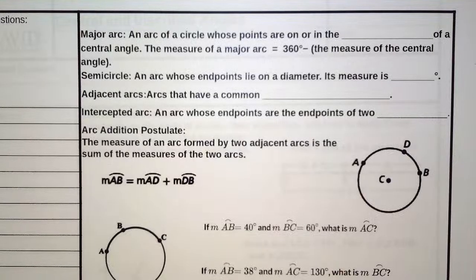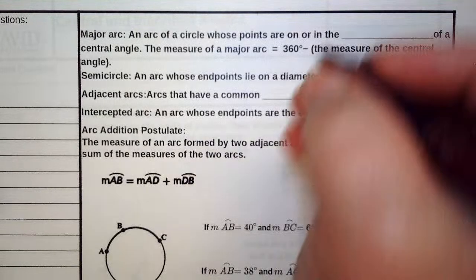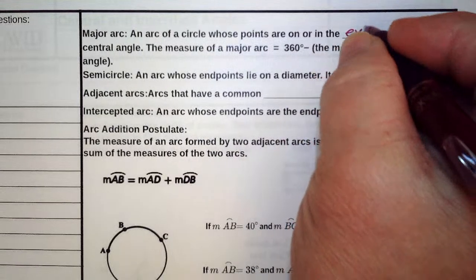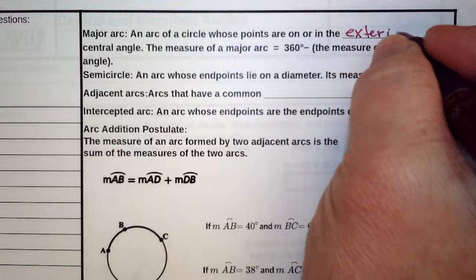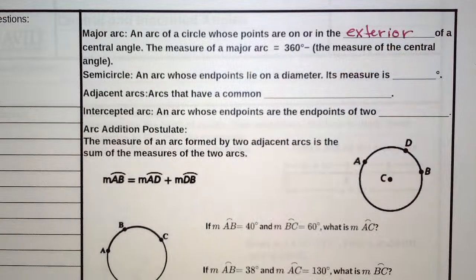Exterior is major. An arc of a circle whose points are on or in the exterior of a central angle. The measure of a major arc is equal to 360 degrees minus the measure of that central angle.